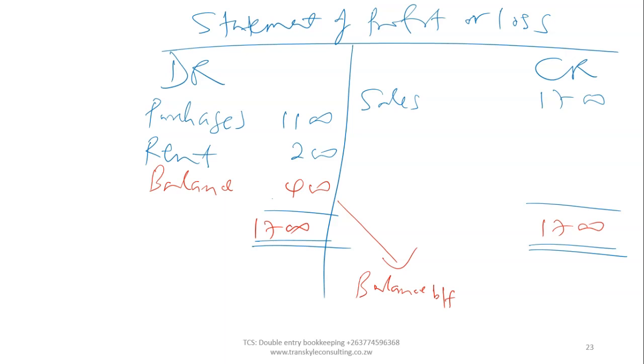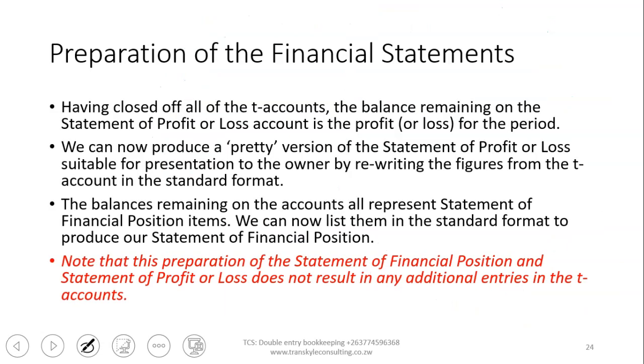There is actually an accounting name for this balance. It is called the profit, the ultimate profit, the net profit. So in essence, the statement of profit or loss looks like this, ladies and gentlemen, and I don't want you to be lost along the way. Let's move on.